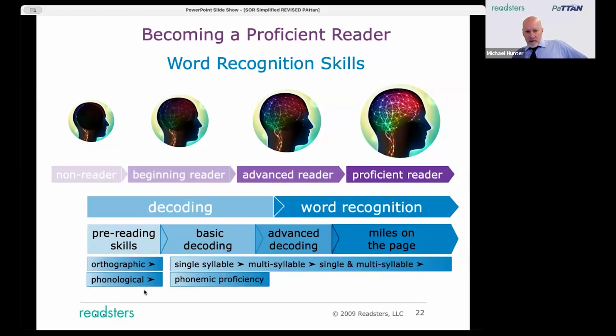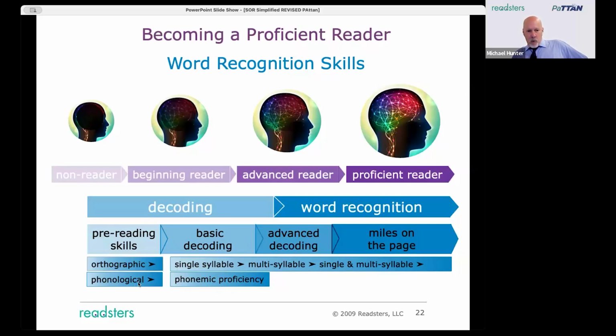There is one element that I'll come back to in a moment and get into a little more detail, but of the phonological continuum that develops during decoding. And that is, we're going to look at this term called phonemic proficiency, and I'll give you some explanation of that in a minute, but I'm just trying to lay out the visual for us here.